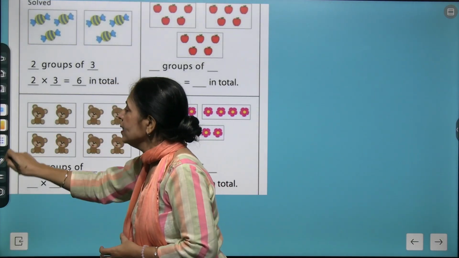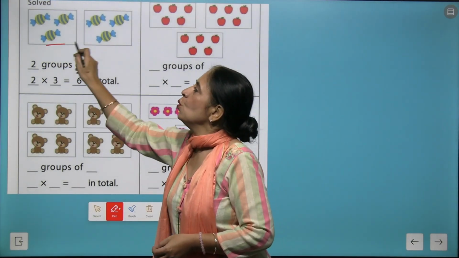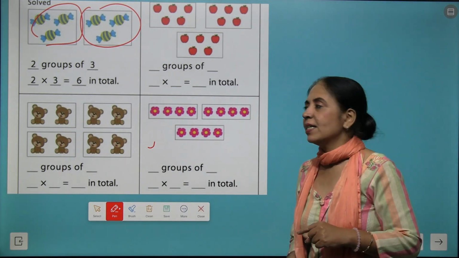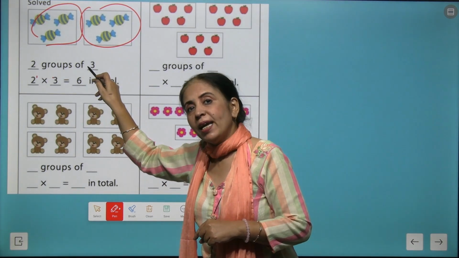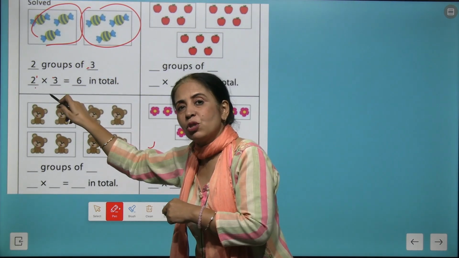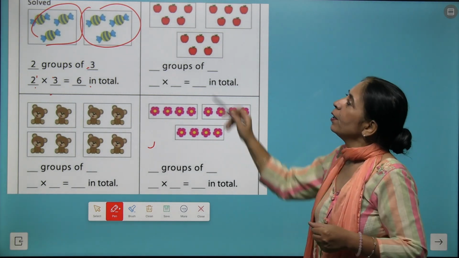I brought 6 candies for you, and we are making 2 groups of 3 candies each. How do we write it? We say it is 2 groups of 3 candies each, and we write it as 2 times 3 makes 6 in total. Let's try another one.